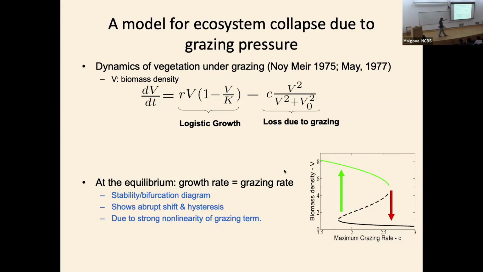Yeah, so you can actually plot the bifurcation diagram as a function of the growth rate R, as a function of the grazing rate C, also as a function of the carrying capacity K. So there are three or four parameters in this model, so it's entirely your choice. You will find similar sorts of bifurcations. They're called fold bifurcations or Hardin bifurcations across a wide range of these possibilities. Not all, but a wide range of these possibilities. So I'm showing you one such case here.